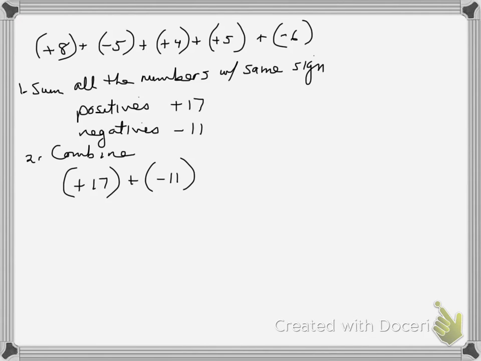The signs are different, so you take the difference. 17 minus 11 is 6, and decide the sign. I'm going furthest in the positive direction, so my answer will be positive 6. So that is the end of this lesson.